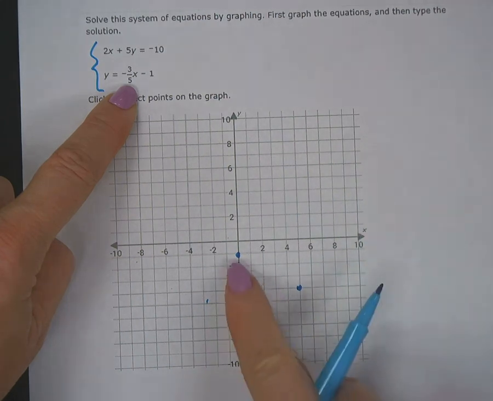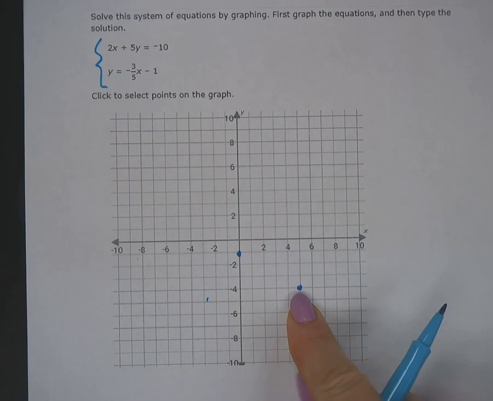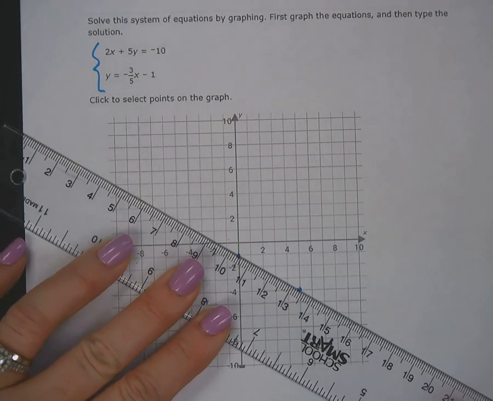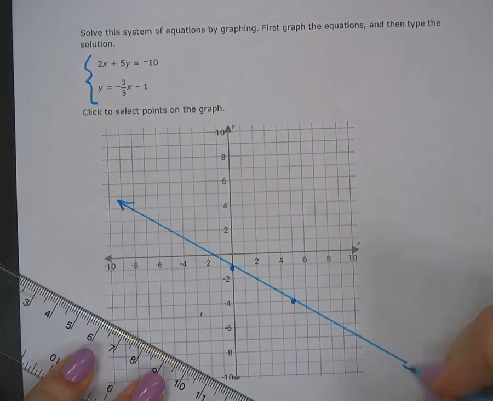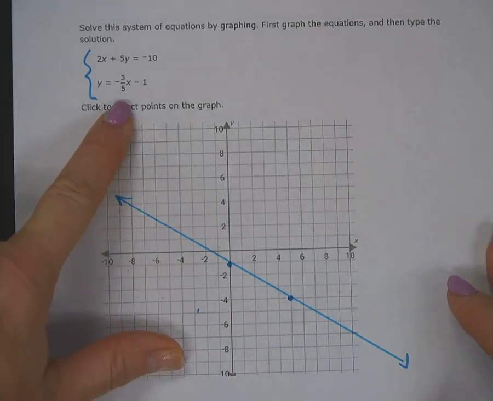So always go down 3, but you're always going to run to the right. And if you remember from previously, whenever the slope is negative, your line should be going downhill. And when we graph this, we can see that we did it correctly. It's a decreasing line from left to right because the slope is negative.